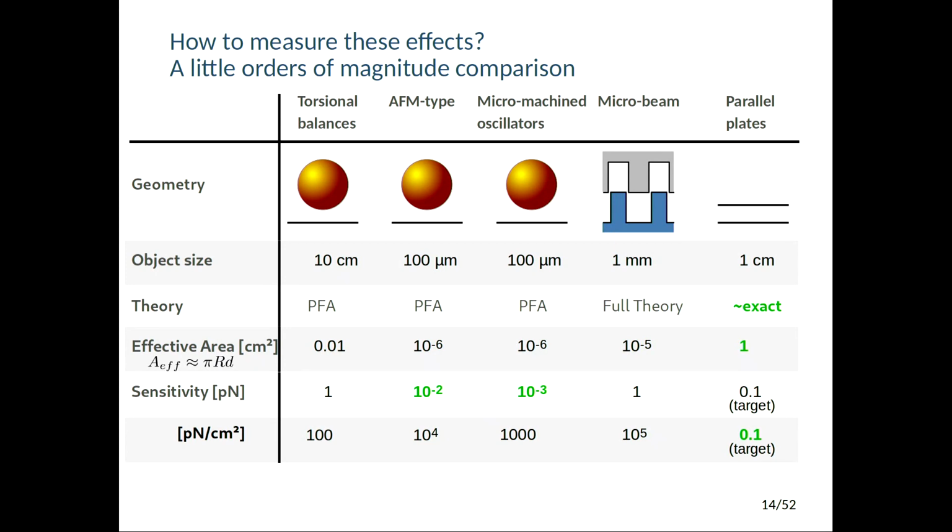On the parallel plates, on the other hand, you use the entire surface in order to generate your force. So even with a mediocre absolute sensitivity here, you use the geometry in full, and so your sensitivity per force generating area can be much higher than for all the other experiments. So you get several orders of magnitude improvement here.